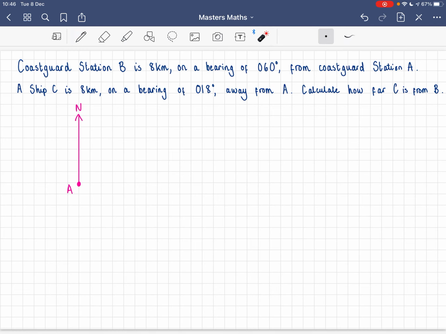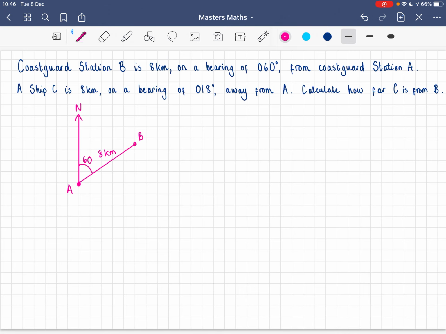So starting from north, we are going 60 degrees clockwise. Remember, bearings are always measured clockwise from north. So we're going to be about here, and then that line is 8 kilometres. So this is point B, and this line is 8 kilometres, and this angle is 60 degrees.